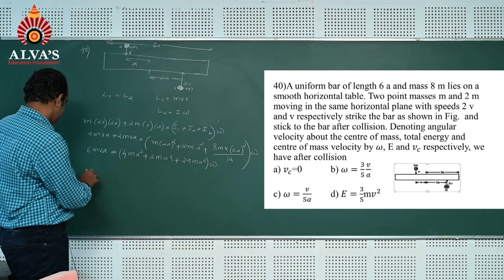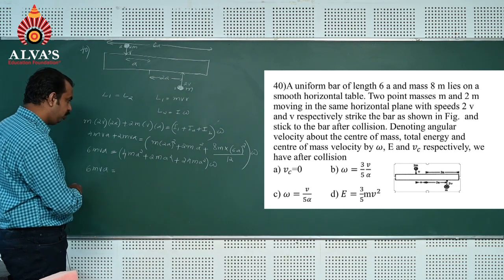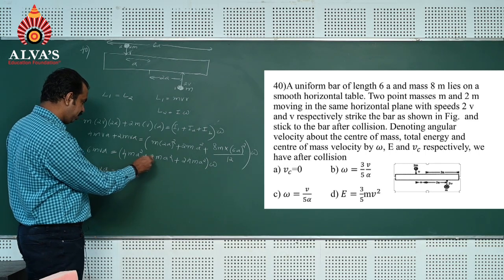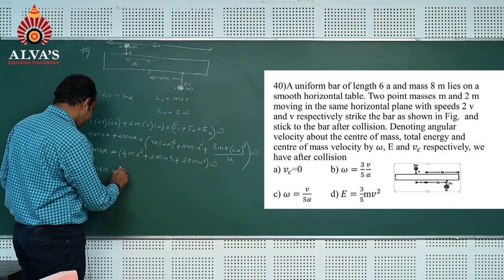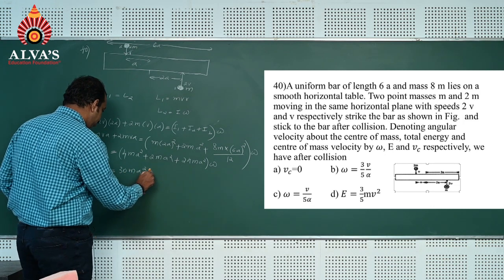24ma squared into omega. So 6mva is equal to 24 plus 2, 26, plus 4, 30, 30ma squared into omega.